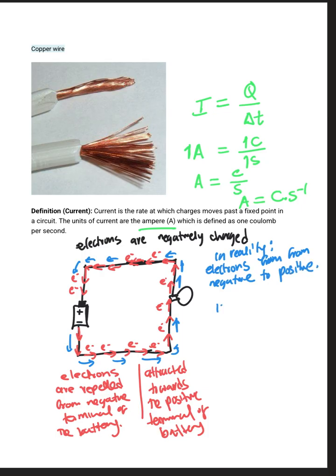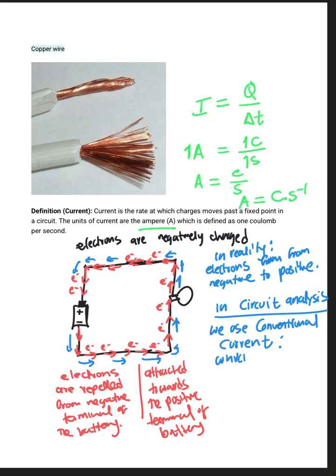But in circuit analysis, when we analyze circuits and do calculations, we use the conventional current, which says the direction of current is from positive to negative.